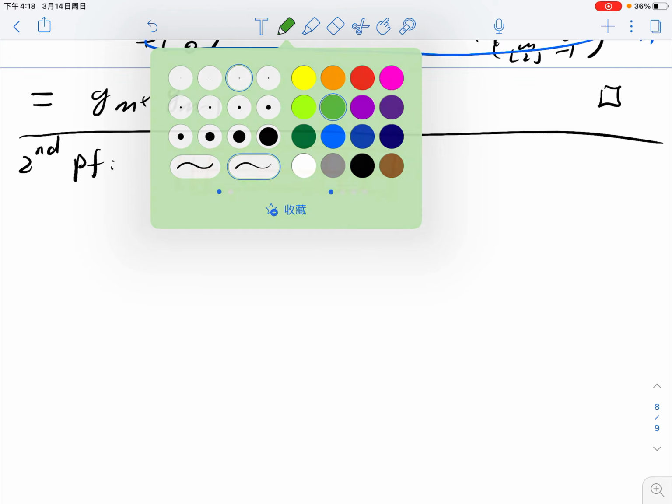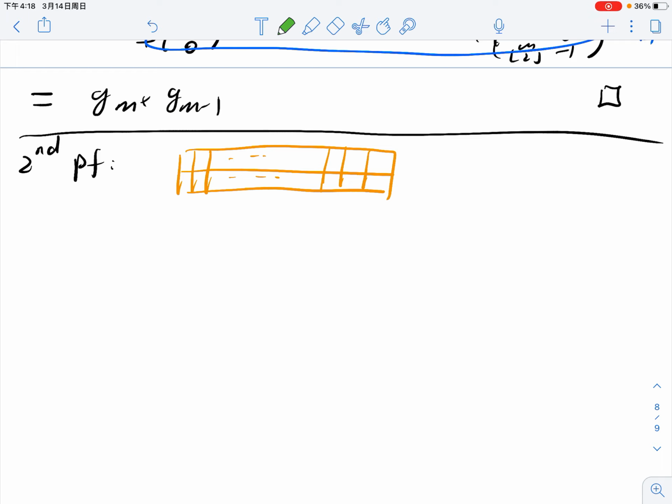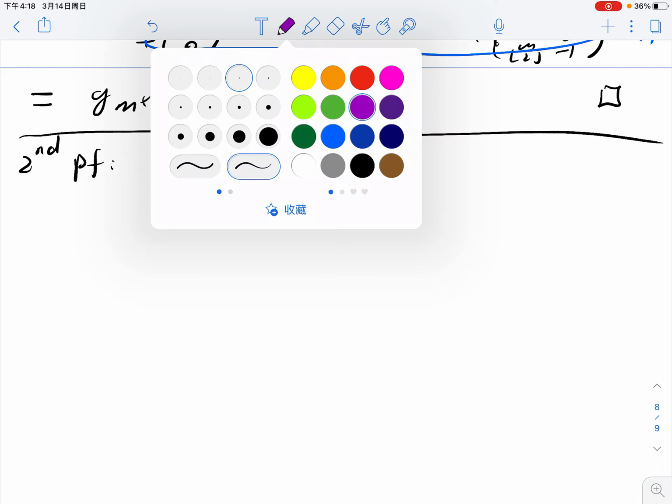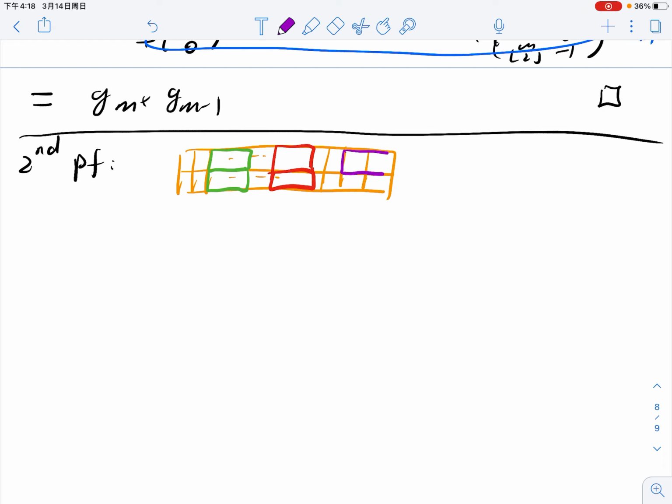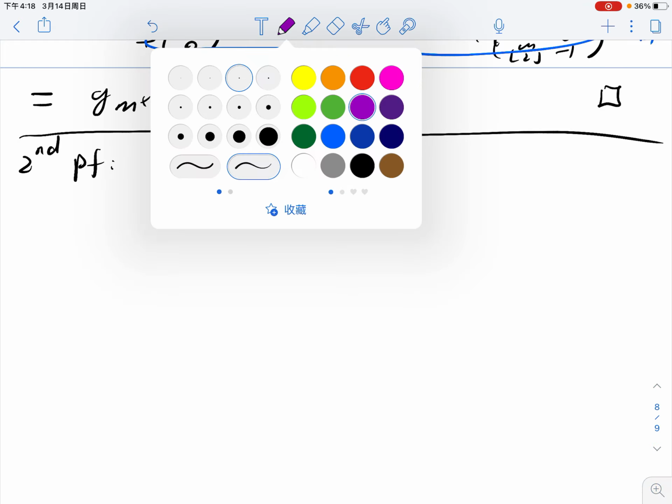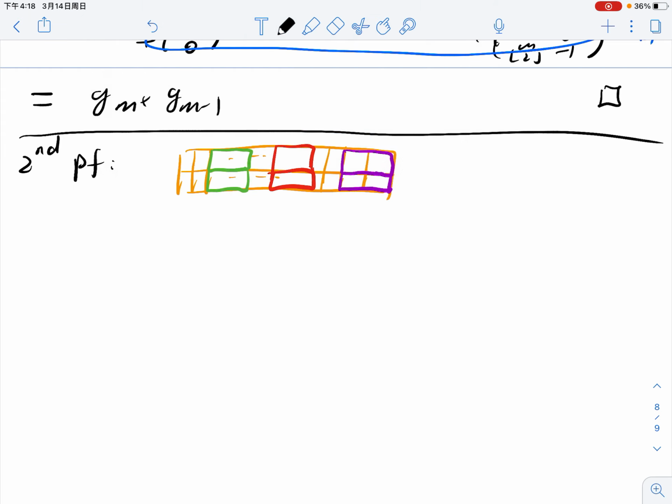So here, what we do is we care about the horizontal blocks. So we care about these horizontal blocks.